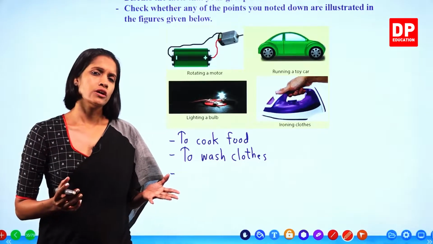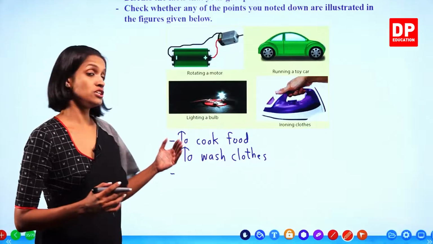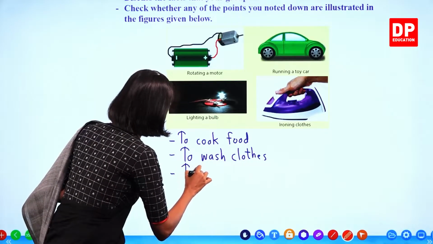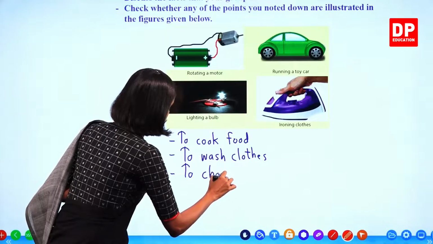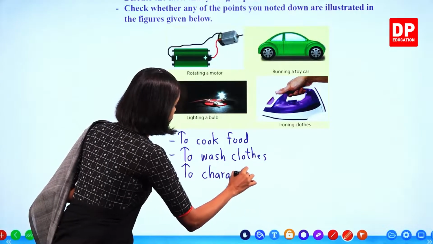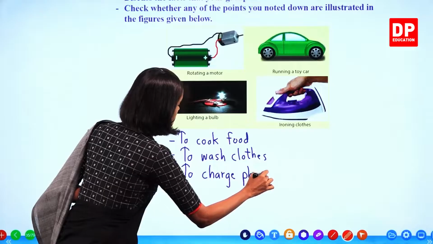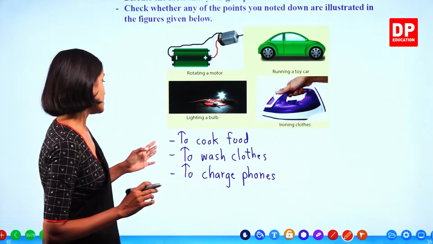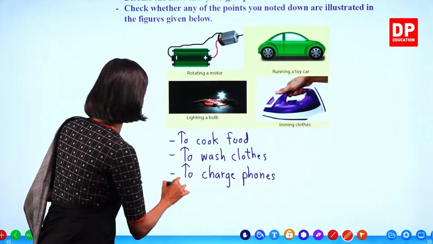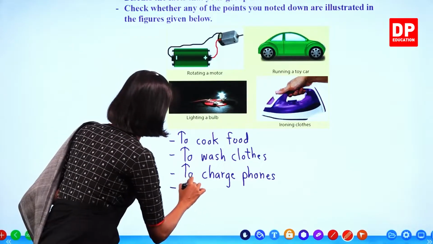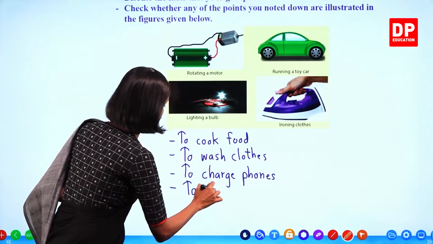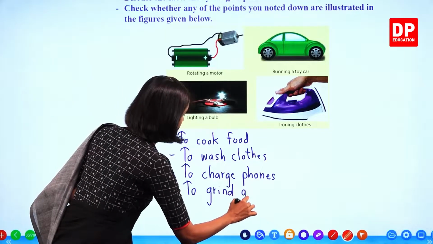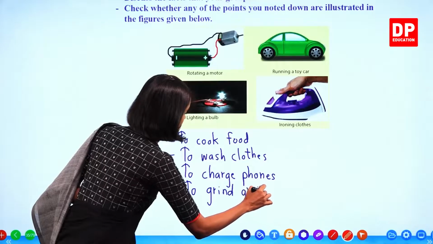What else, children? We can use electricity to charge our phones, to charge phones, right? And further we can use electricity to grind grains, right?